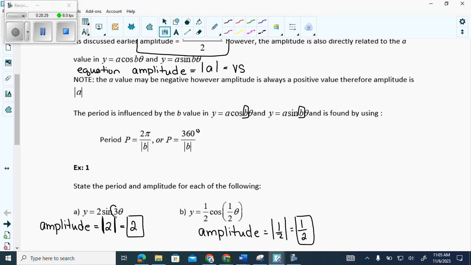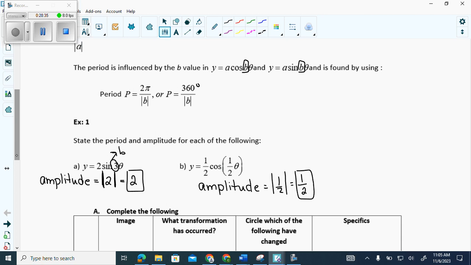Our B here is a 3. The B by itself is useless. But if I use the formula, it's not useless. So period equals 360 degrees divided by the absolute value of B. What's B in this case? 3. So I get 120 degrees.